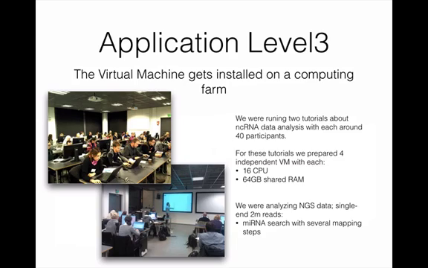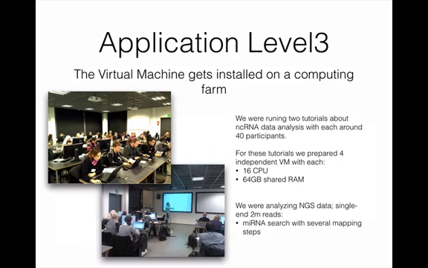And according to the number of participants, then we decided how many virtual machines with which physical properties we were designing. For these tutorials, we were preparing 4 independent virtual machines, and each had 16 CPUs and 64 GB shared RAM.